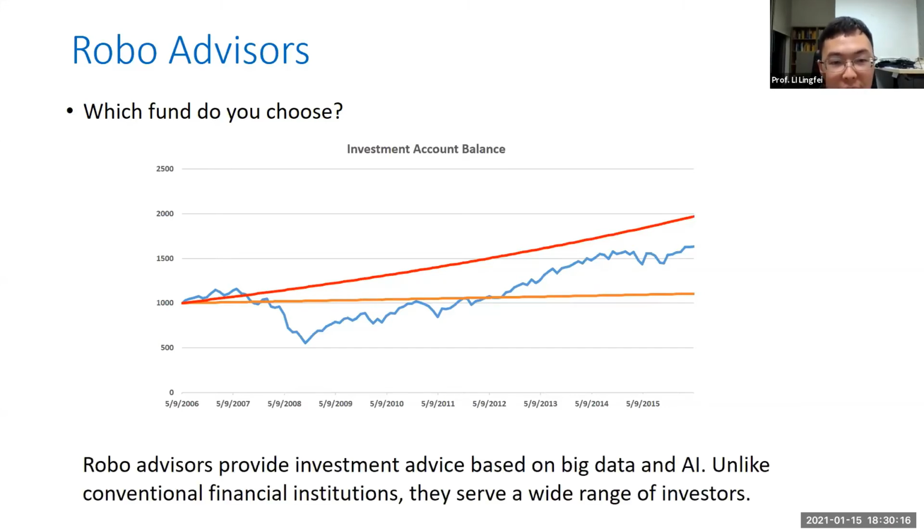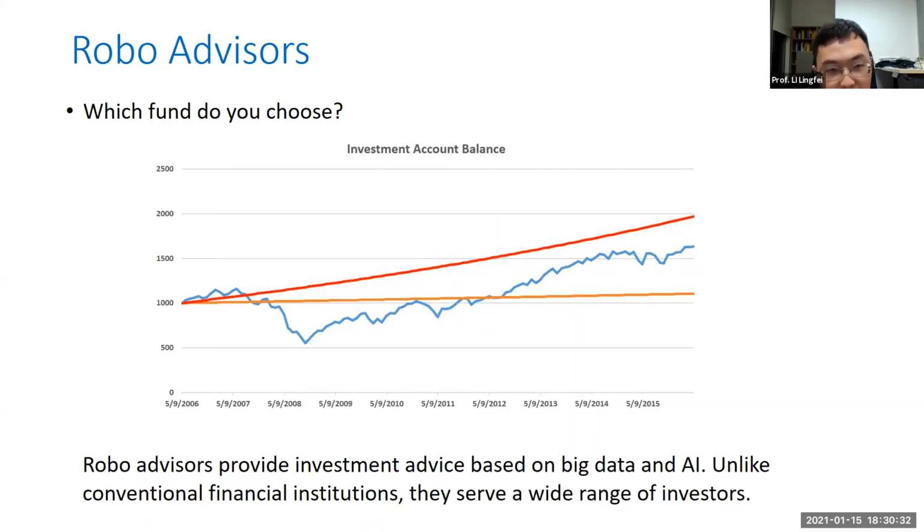Of course, advisory services are not really new in the financial world. If you go to a bank and want financial investment advice, you can always get served if you are wealthy enough.